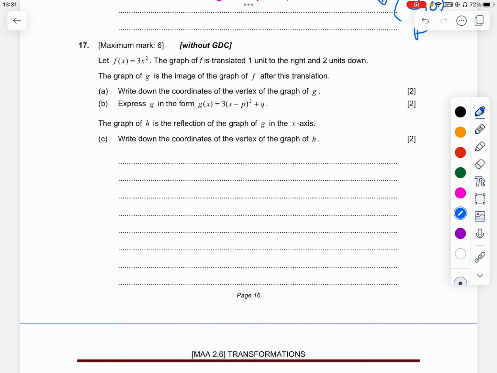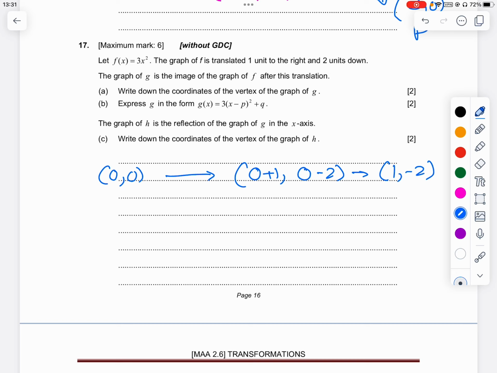The graph of g is the image of graph of f after its translation. Write down the coordinates of the vertex of g. Now, vertex of f is nothing but 0 comma 0. It is translated 1 unit right, so 0 plus 1 and 2 units down, so 0 minus 2. So it's going to be 1 comma negative 2.